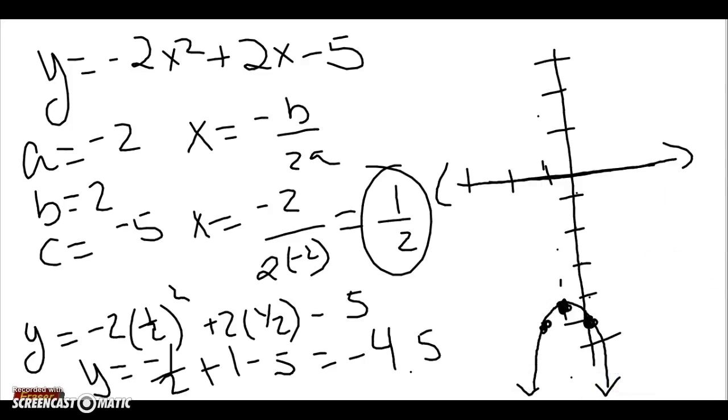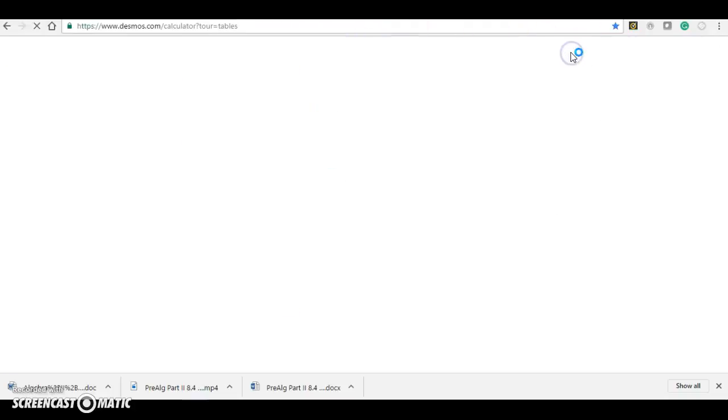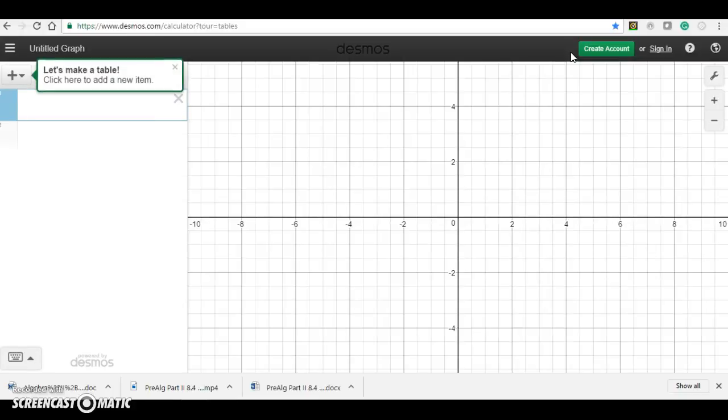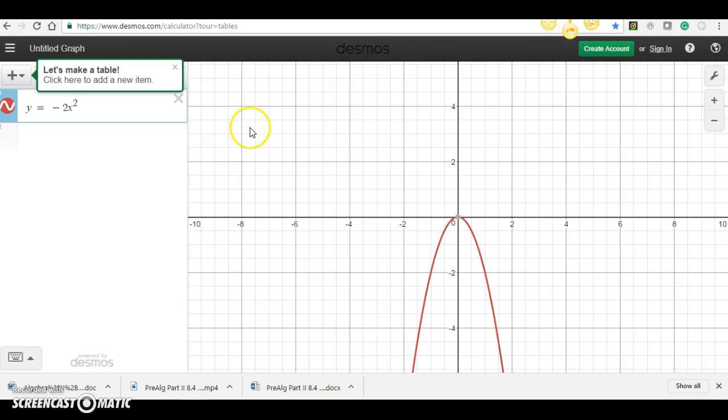So we can plug it into our free graphing calculator at www.desmos.com just to verify. And so I get y equals negative 2x squared plus 2x minus 5.